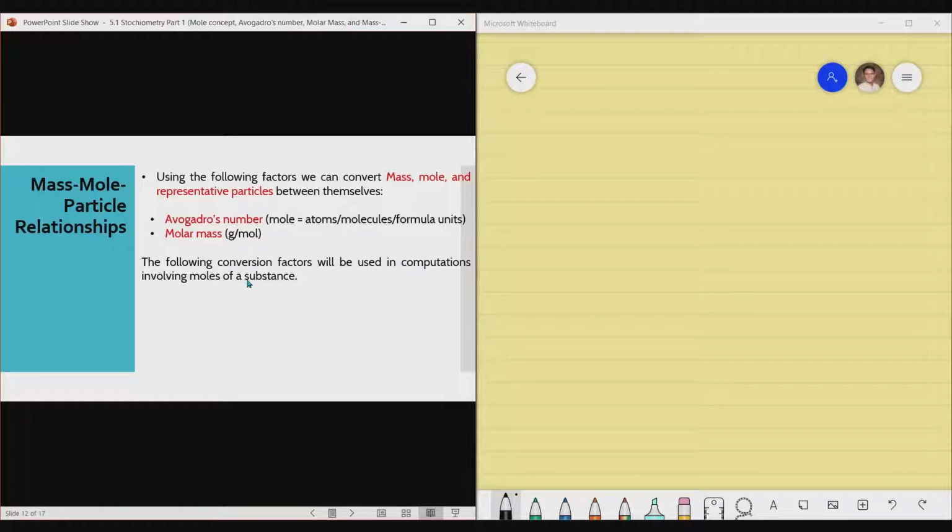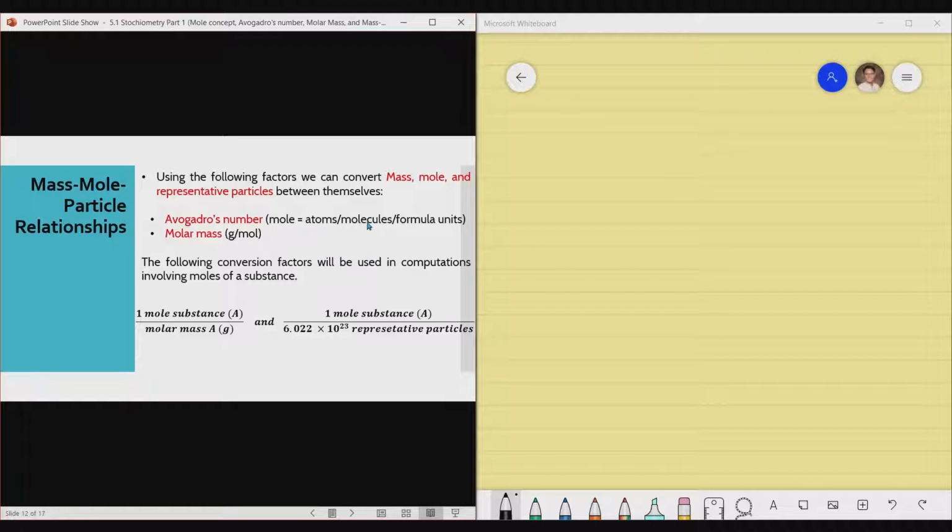Okay? The following conversion factors will be used in computations involving moles of a substance. So 1 mole of substance all over molar mass, or you may actually use 1 mole of a substance all over 6.022 times 10 raised to 23 representative particles. Ito po, yung Avogadro's number.